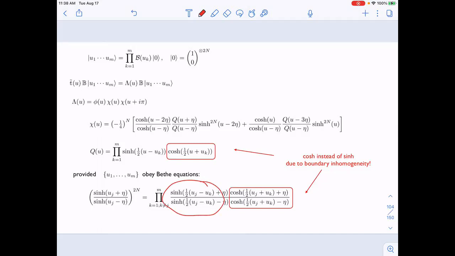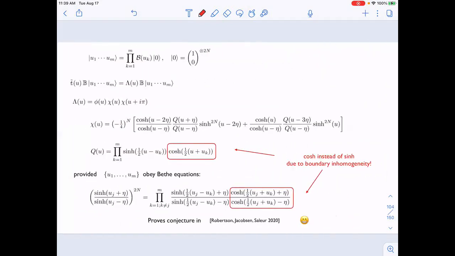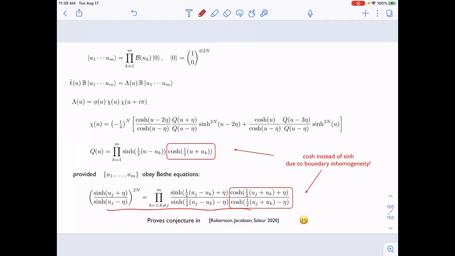And you can trace back the origin of these cosh to the fact that we had this boundary inhomogeneity in the transfer matrix for this T. This T of u had this not quite Sklyanin transfer matrix. It had this boundary inhomogeneity. And these are the Bethe equations that were conjectured by Robertson, Jacobsen, and Saleur, and so this provides a proof.